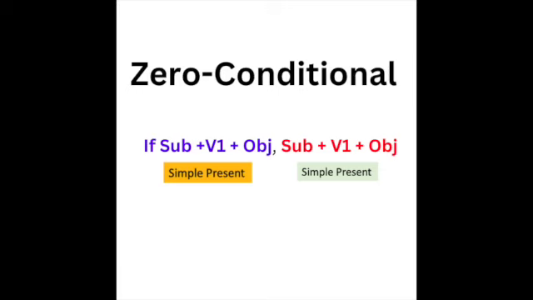In zero conditional, the sentence structure is subject plus V1 form of verb plus object, comma, subject plus V1 form of verb plus object. That means the if clause goes with simple present tense, and the main clause also goes with simple present tense.